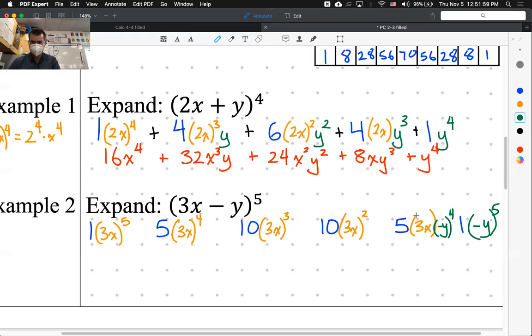That's a 4. Negative y to the power of 3. Negative y to the power of 2. Negative y to the power of 1, or just negative y, and then nothing. By default, there should always be a plus sign in between here. Simplify, and we're done. We will pick this up tomorrow. There's no homework for tonight.